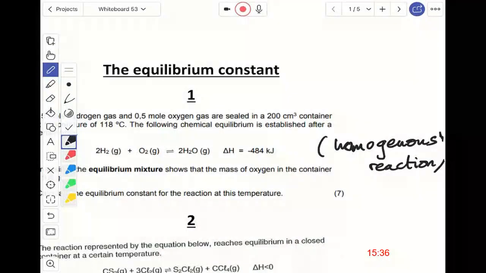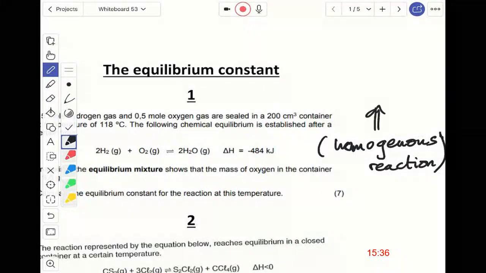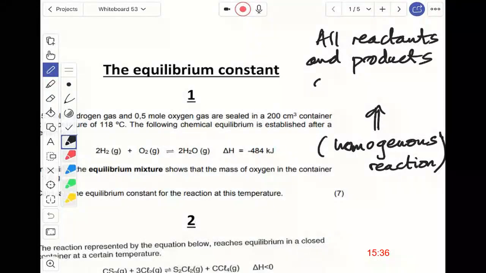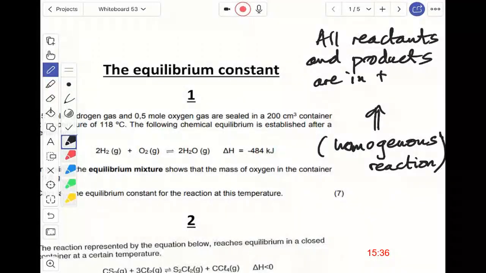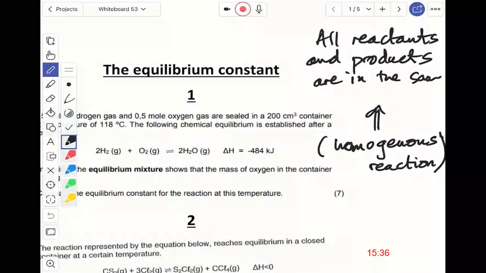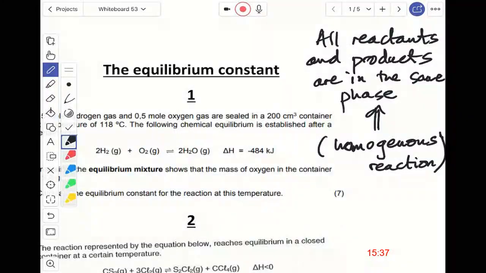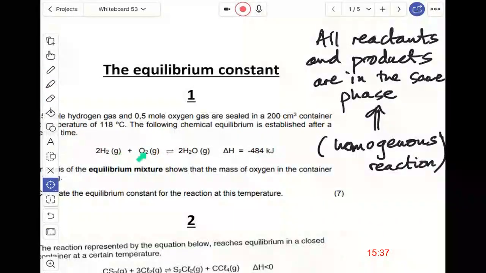And that means that all reactants and products are in the same phase. Notice they are all gases. That's a gas, and that's a gas.